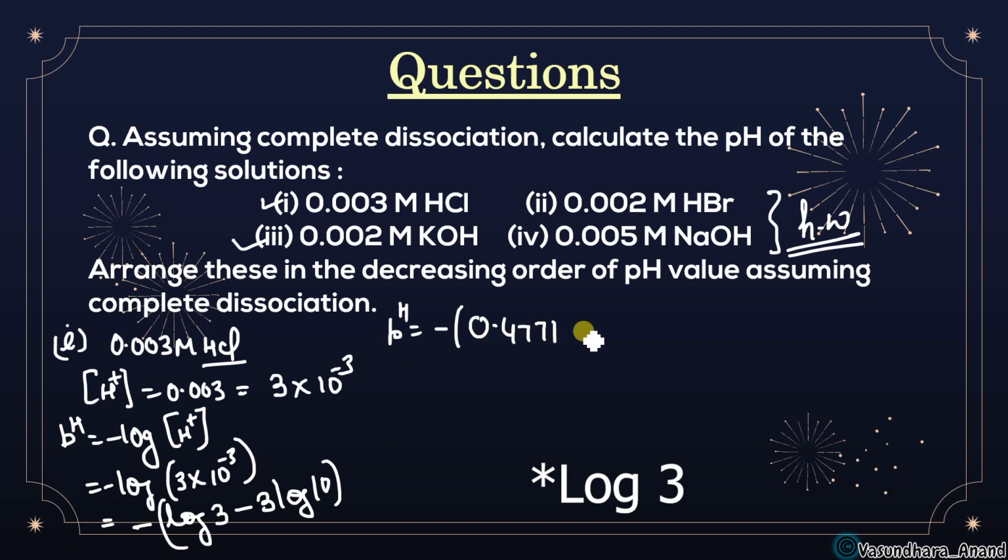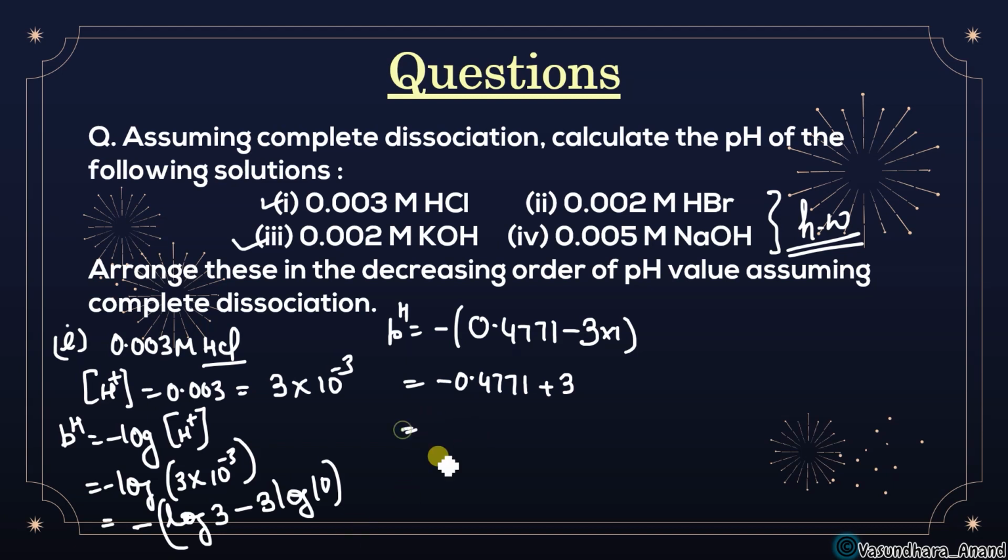You just check it. And this is minus log 10 to the power minus 3, log 10 ki value 1 hoti hai. So just solve it and you will get minus 0.4771 plus 3. So you solve it, you will get approximately 2.52 around. Okay. So this will be the pH.